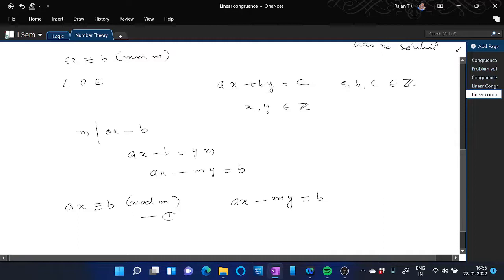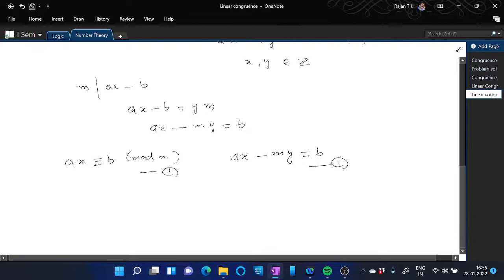So this linear congruence has a solution, or is solvable, if the linear Diophantine equation is solvable. And we know what is the condition for a linear Diophantine equation to be solvable, and how to find a solution to a linear Diophantine equation.